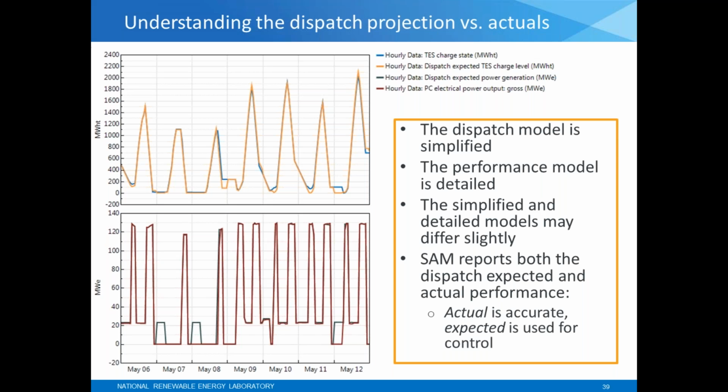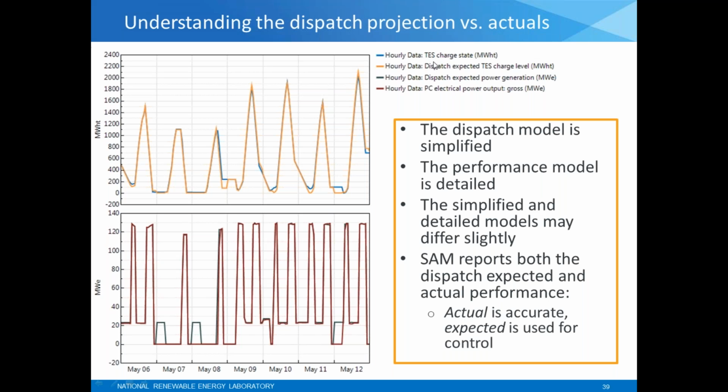And so SAM will report to you the sort of expectation of what's coming out of the dispatch model, and that's an indication of how well my actual simulation executed the dispatch profile that was intended. So you see those in the hourly outputs.